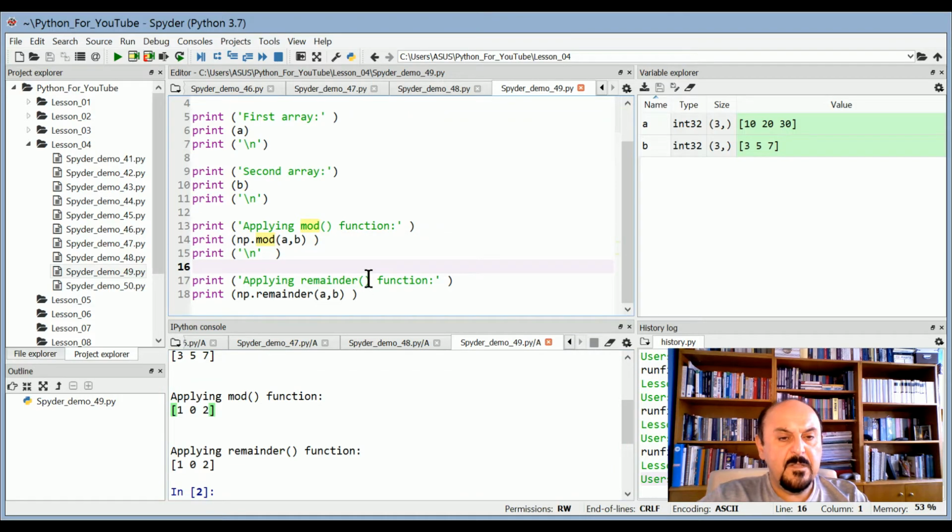How about the remainder function? When we say remainder, we get the same results. It's just up to you which one you want to use.